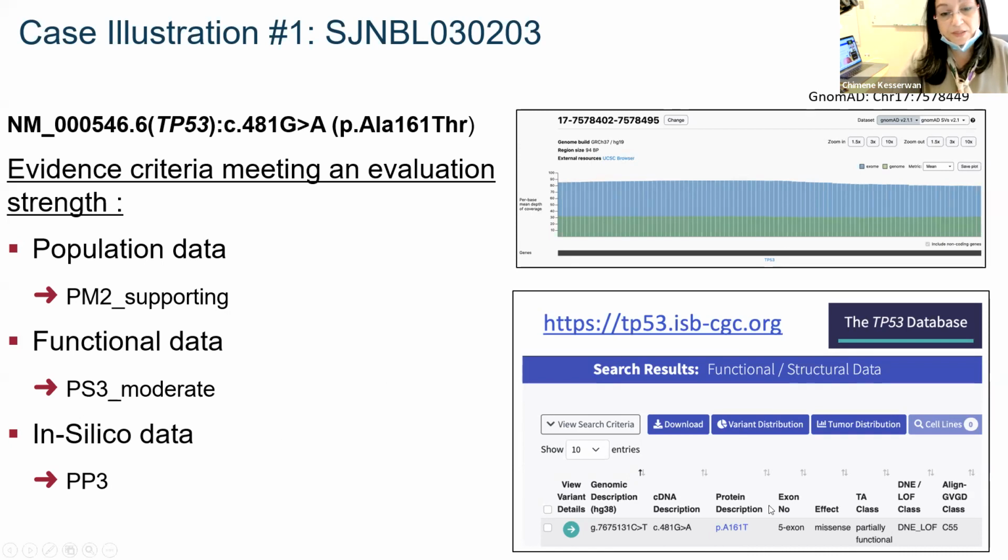And the rule specifications are published, and we follow specific rules for functional data weight assignment, including the transactivation activity, whether a variant is dominant negative or has loss of function, and we use well curated publications for this.